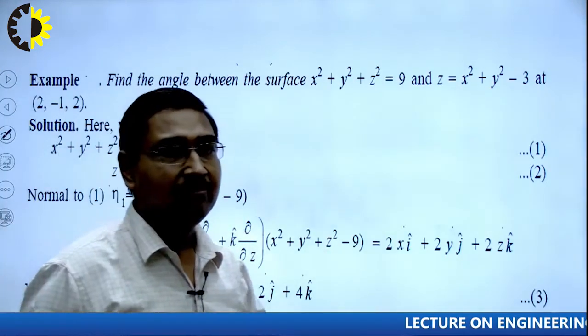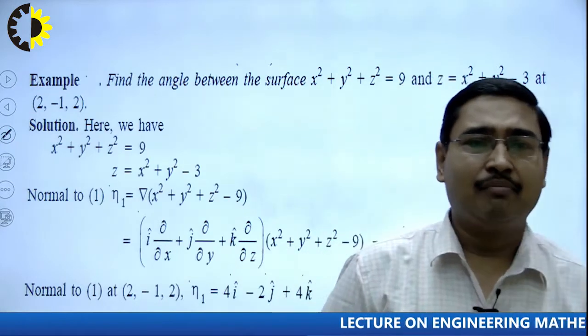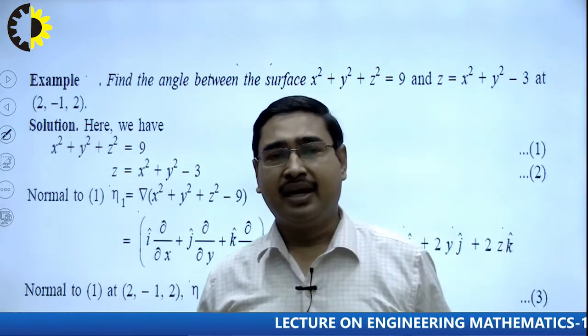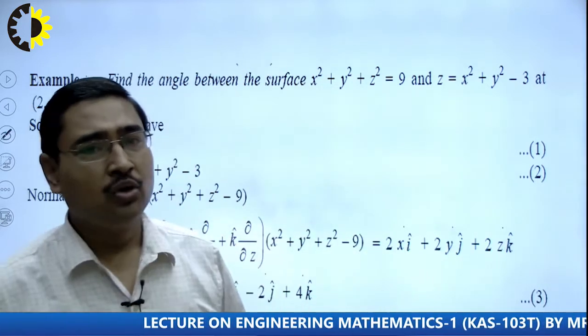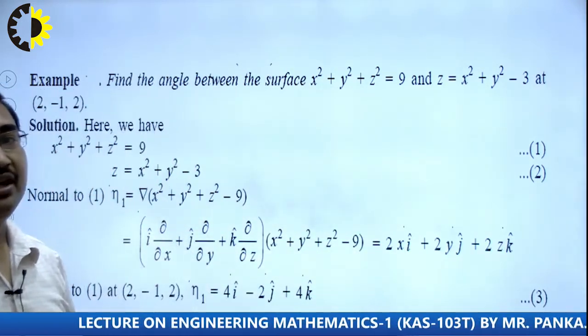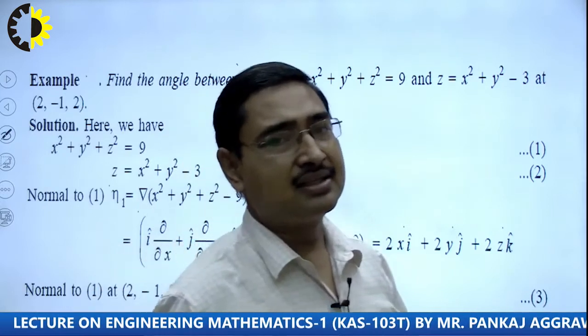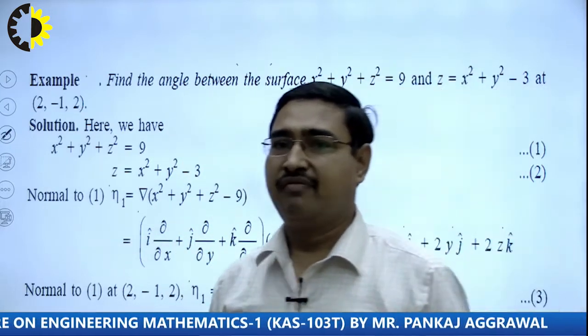We take one more example. In this example, we can see that the gradient of a function phi can be used to calculate the angle between two given surfaces, that is, the angle at which these two surfaces intersect.